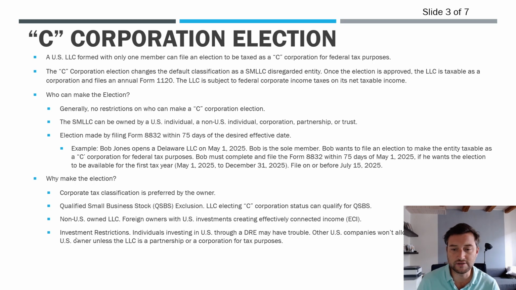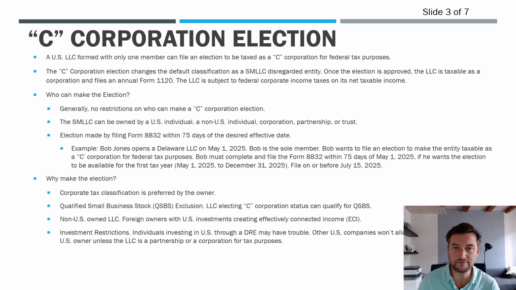Another reason for this is if you have a non-U.S. owner that owns that LLC. So again, let's say you're a citizen of the UK, you're not a U.S. person, and you own a U.S. LLC. Depending on what kind of investments you might make in the U.S., it could create some adverse tax consequences for you if you leave it as a disregarded entity.